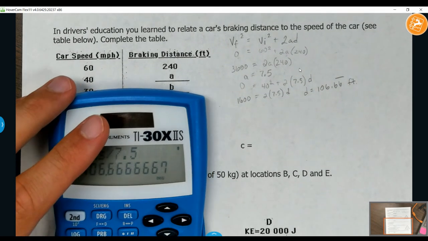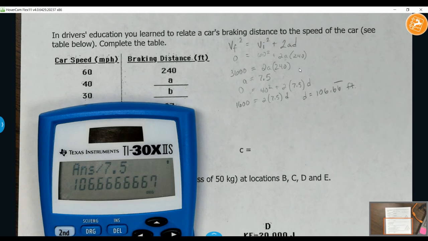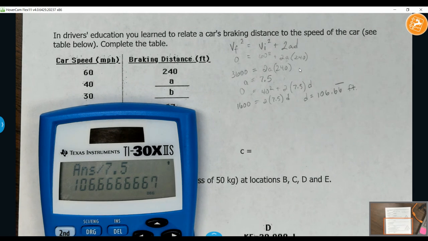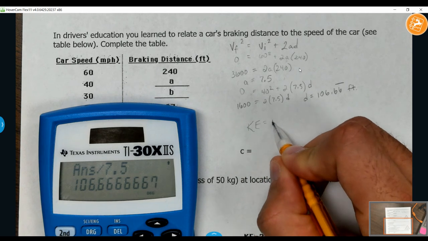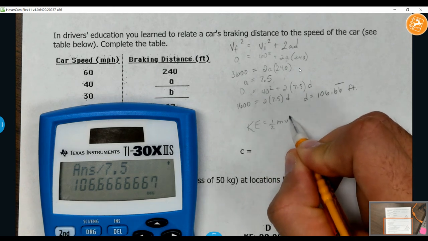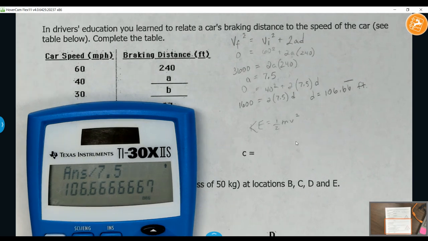So in the next one, or here's another way you could have done it. Judging by, we're assuming again this is the same car, in the kinetic energy equation, you have 1/2 mv squared. So we're not changing the mass, but we're changing the velocities.